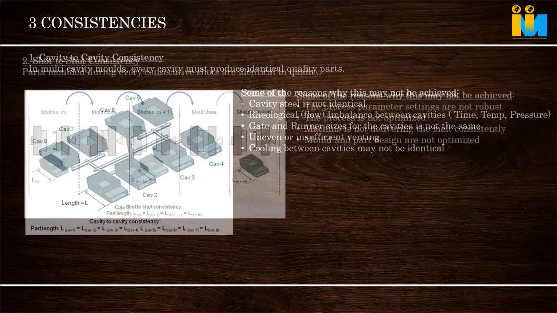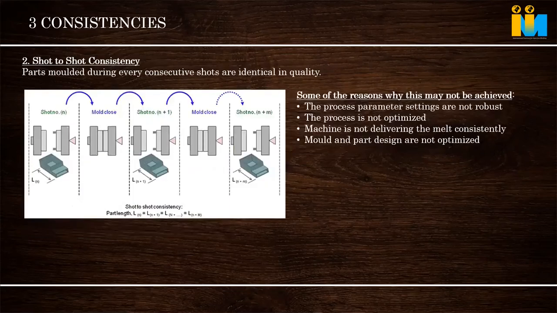And second is shot to shot consistency. Cavity we have covered. Second is, once the mold is running continuously, we'll be taking shots. From the first shot to the last shot, and the mold is running one day, the starting shot and the shot on the next day or after 4 days should come in the same way.